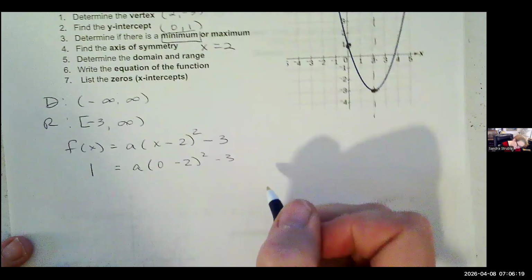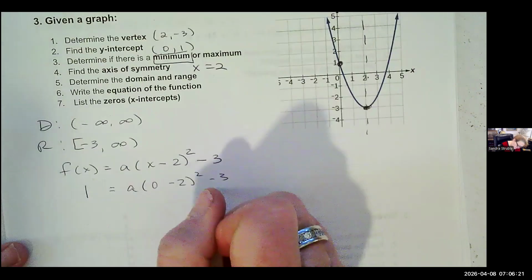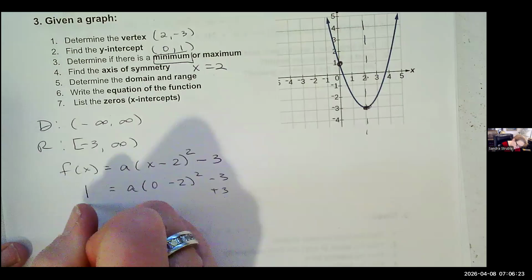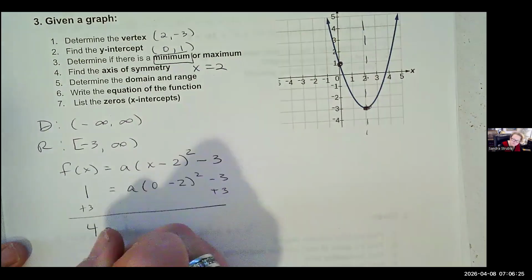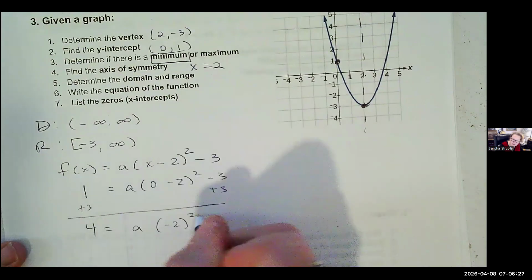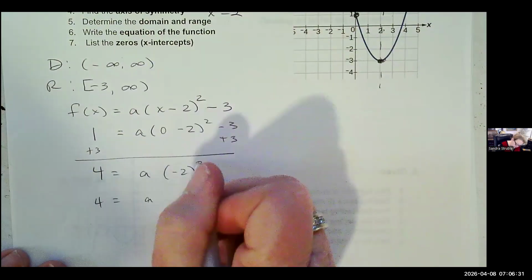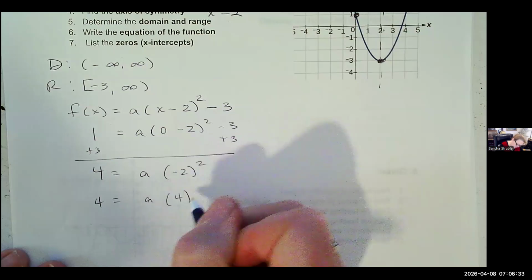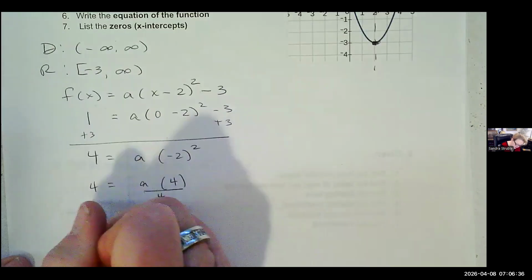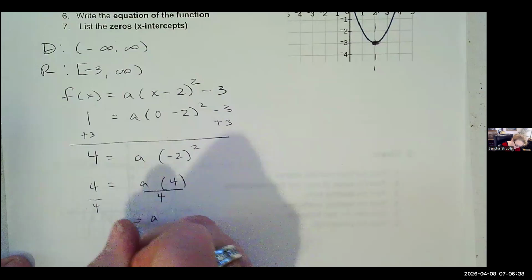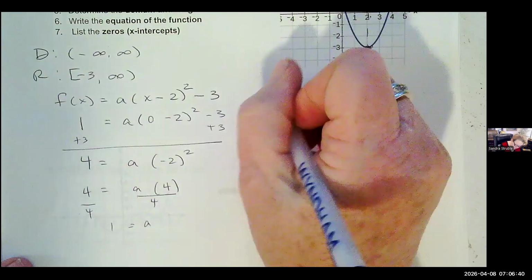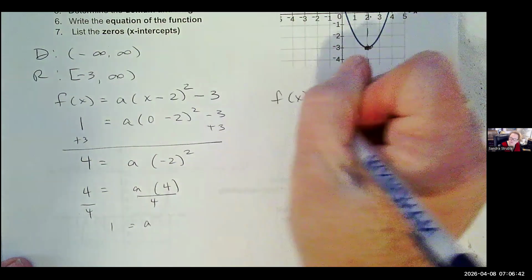Add 3 to both sides. Negative 2 squared is 4. Divide both sides by 4. Well, that makes it easy. a is 1. So my equation is just (x minus 2) squared minus 3.